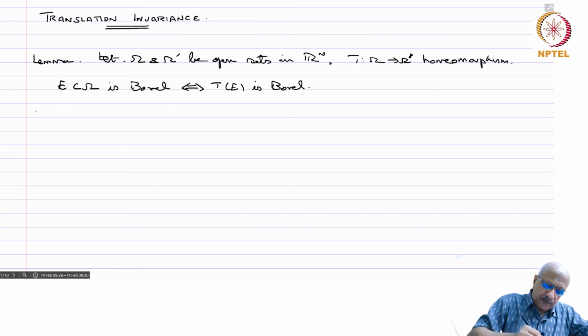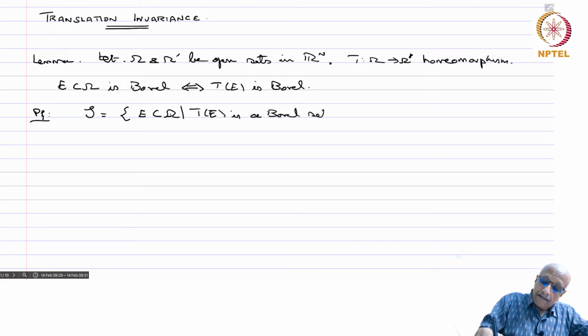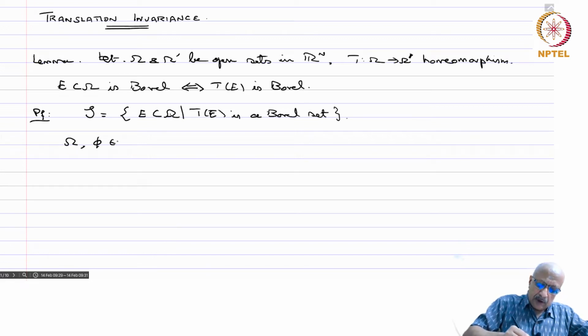Okay, so proof. We set S equals the set of all E contained in omega such that TE is a Borel set. So clearly omega and phi belong to S because T of omega is omega prime, which is open, therefore it's Borel.